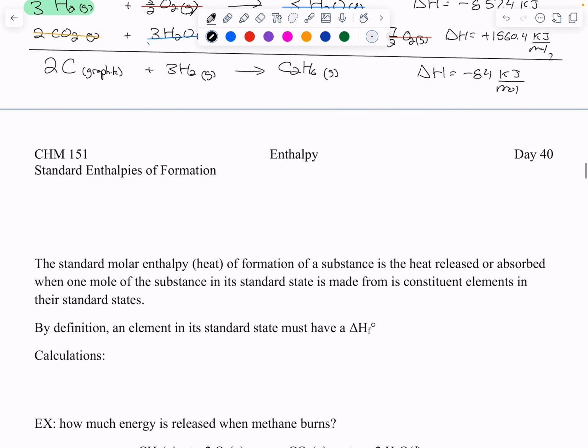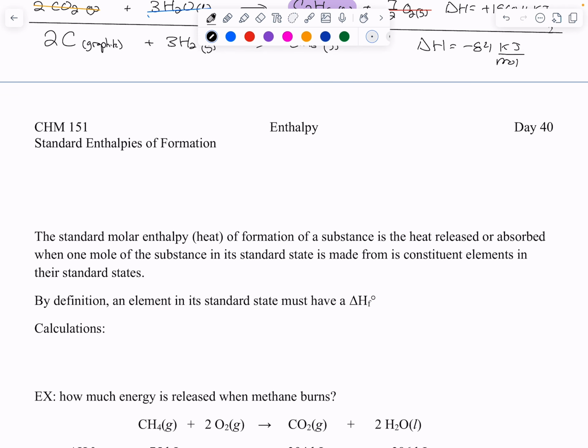Second way, standard enthalpies of formation. Delta H F, right? Okay, now, this degree sign means standard state, which is usually 1 atmosphere, 25 degrees Celsius, all right?